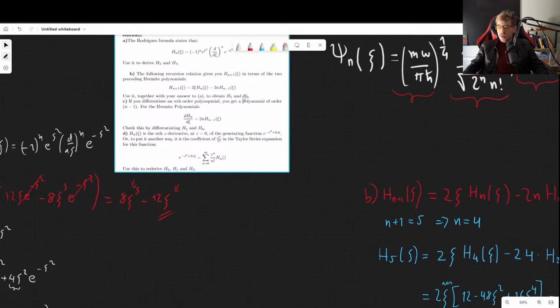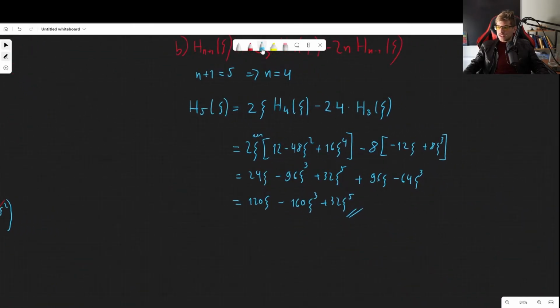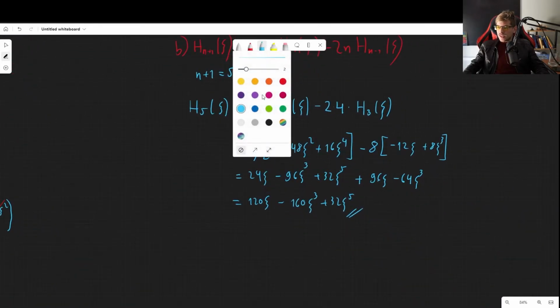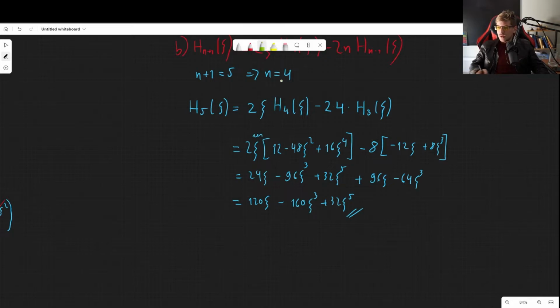Now let's go for h6. h6 we will solve in the precise same way. So exactly the same, but of course now with different n. So if you want to find the 6th one, we need n plus 1 to be equal to 6, which means that n has to be 5.